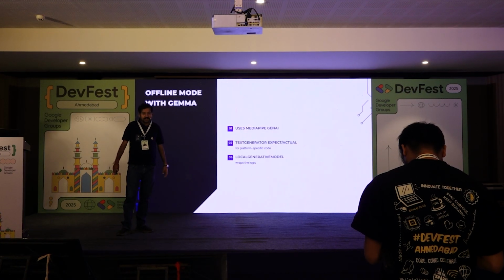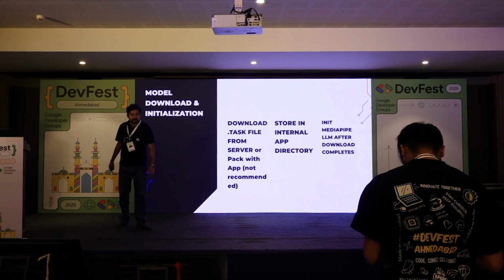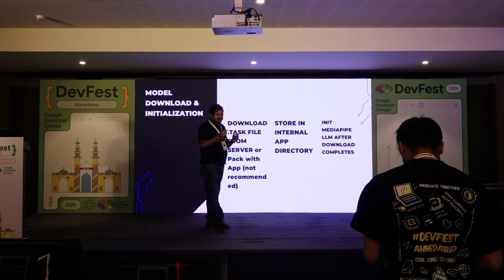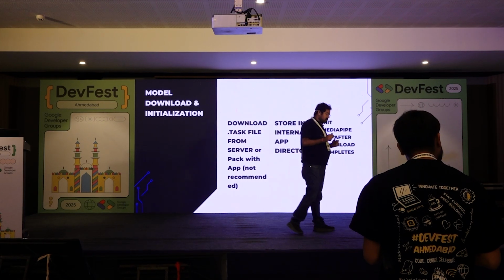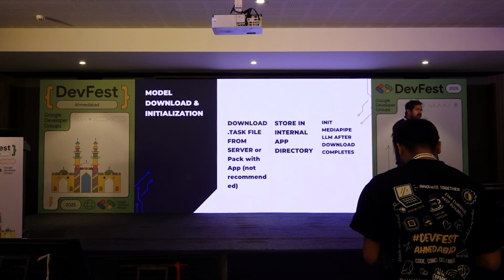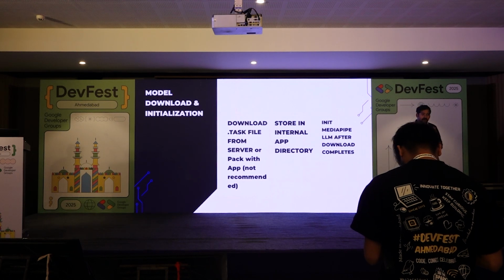Right, now offline, how to do it on device. You download a task file. What is a task file? It's a Gemma model. Generally ML models come with a .tflite extension, right? A task file contains .tflite and additional files to support running an LLM model on a low power device like your mobile.